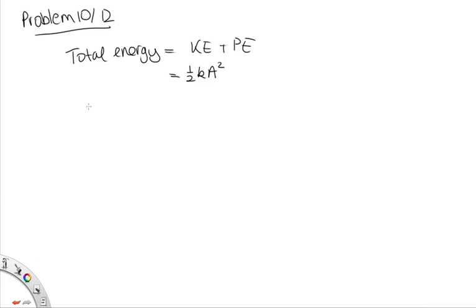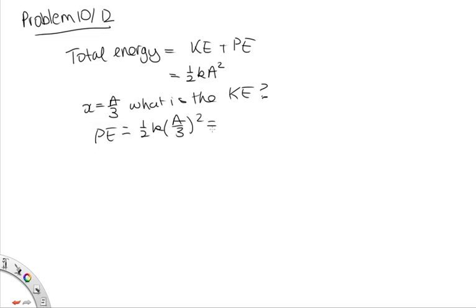Okay, now it says when x is equal to A on 3, what is the kinetic energy? Well, we can easily work out the potential energy. The potential energy is equal to a half Kx squared, so a half K, and x is A on 3 squared, so that's equal to a half KA squared on 9.